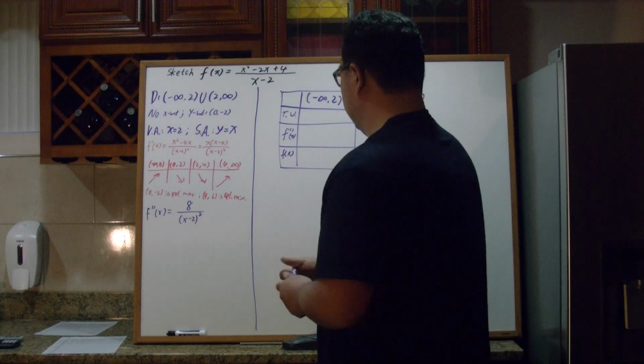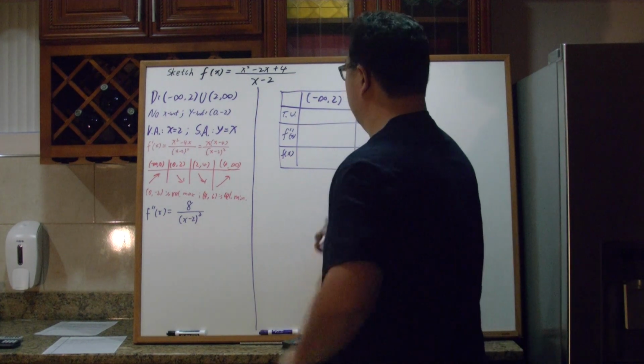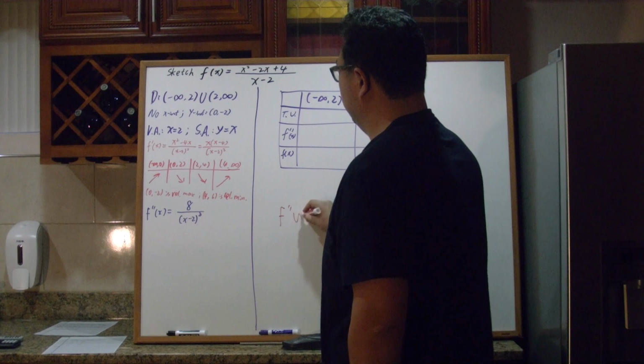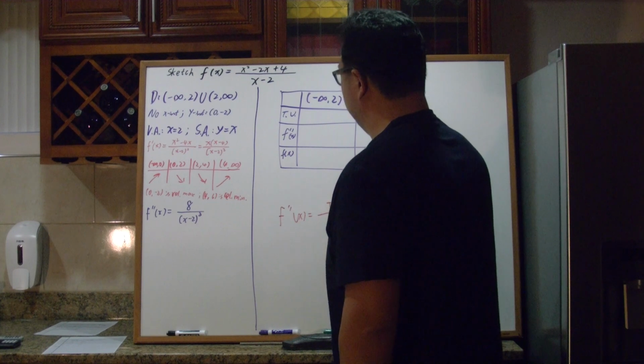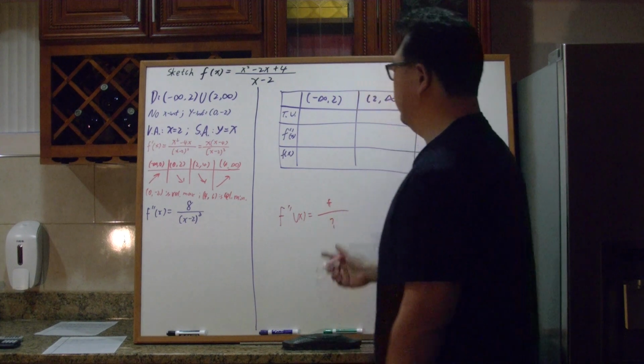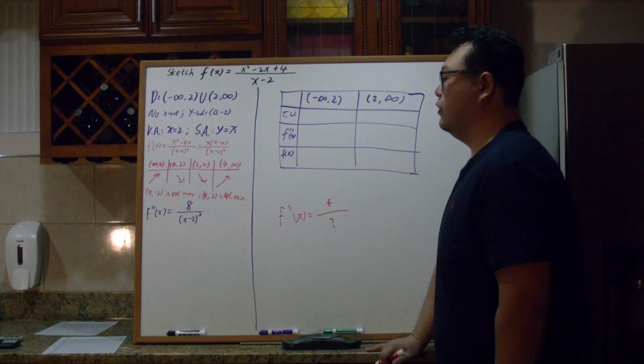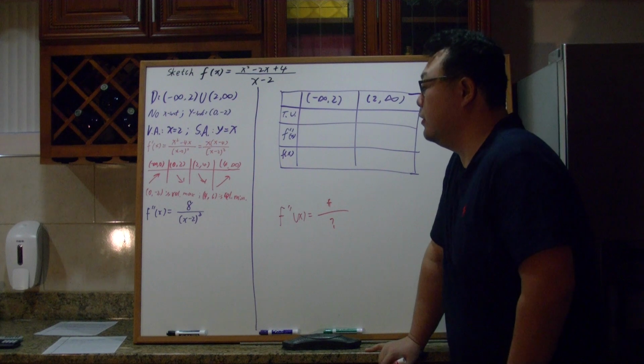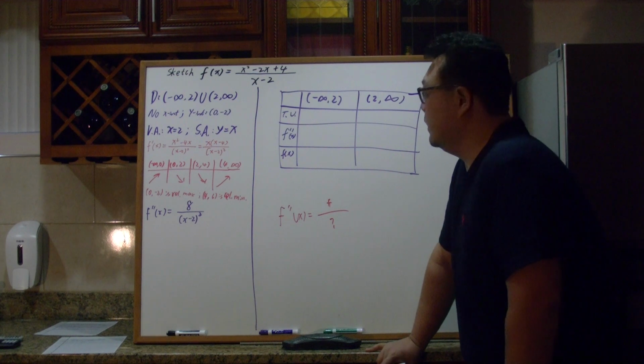Well, we consider that f double prime of x is a positive number divided by something we don't know. The sign of this ratio only depends on the denominator.